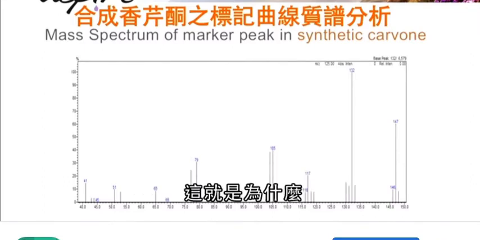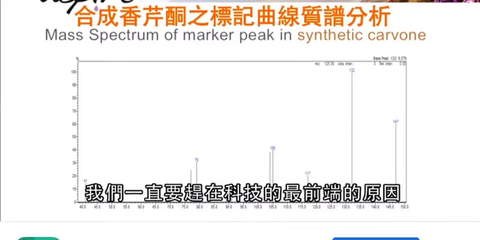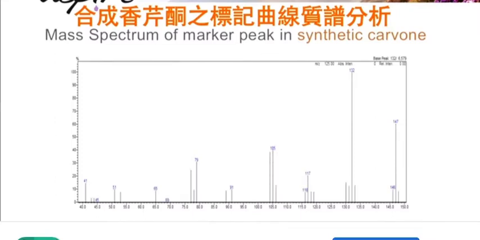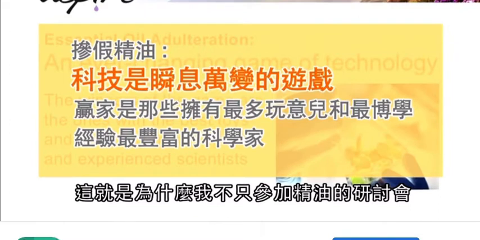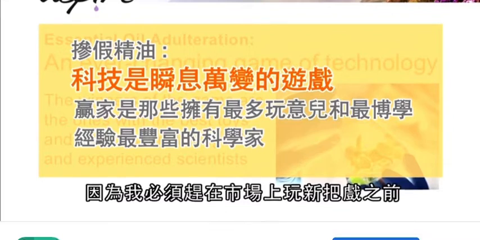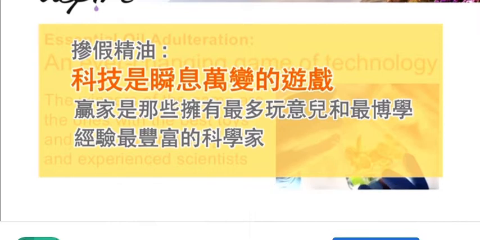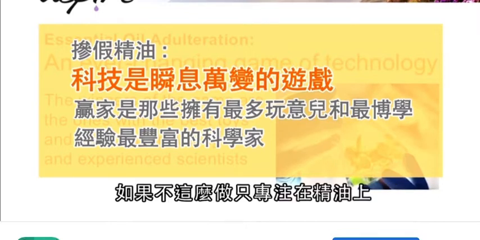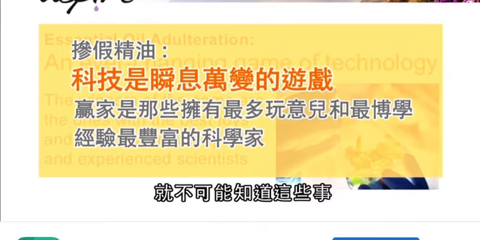So this is the kind of thing that we're constantly trying to stay ahead of. This is why I go to not only essential oil conferences, but perfumery conferences and fragrance conferences, because I want to stay ahead of the game on what's commercially available, what things to look for. If you don't do this and you just look at essential oils, you will never know these things.